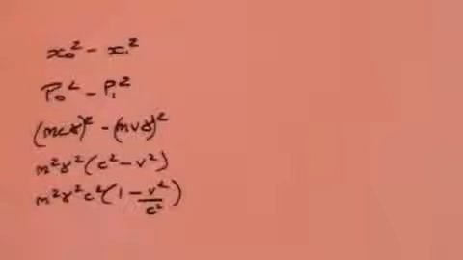Well, that's simply going to be mc gamma squared minus mv gamma squared, and that is m squared gamma squared into c squared minus v squared, which is m squared gamma squared c squared into 1 minus v squared over c squared.